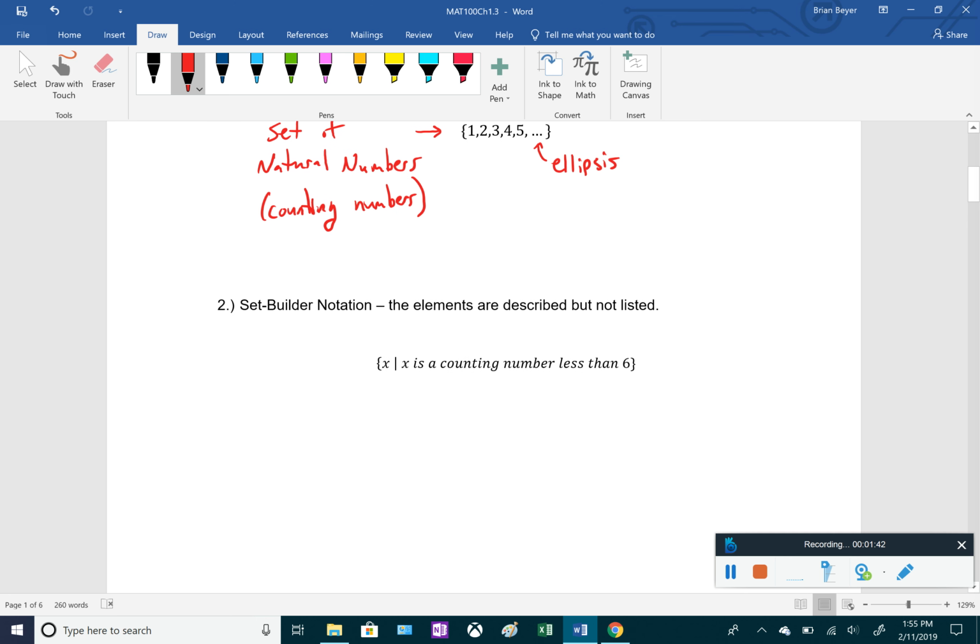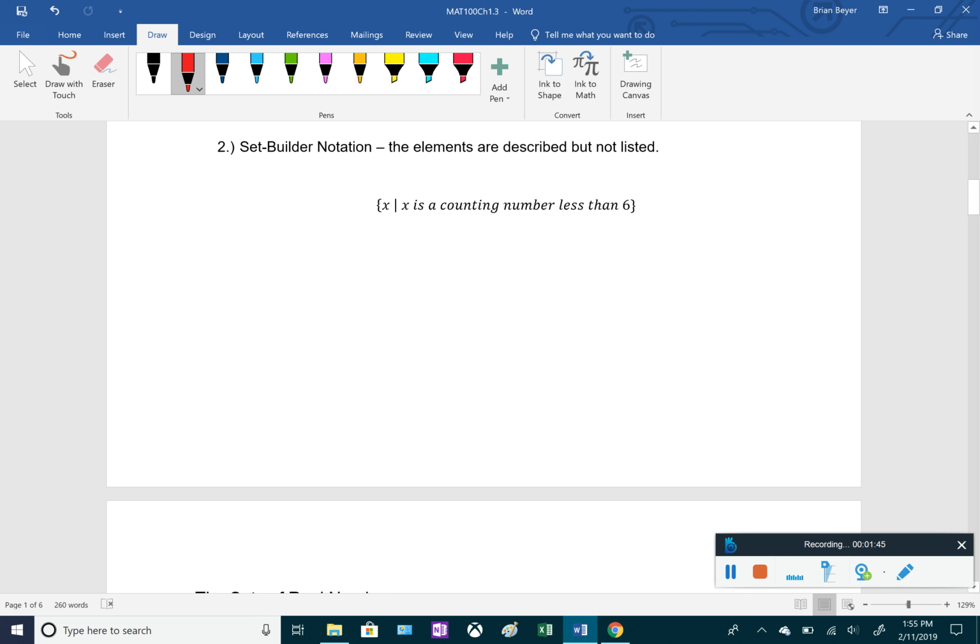That is roster method. For set builder notation, the elements are described but not listed. So it's a little different. For example, we have it written down here. The way that we read this is first you see the squiggly brackets, so you know that it's a set. That first x, you start by reading it as the set of all x values.